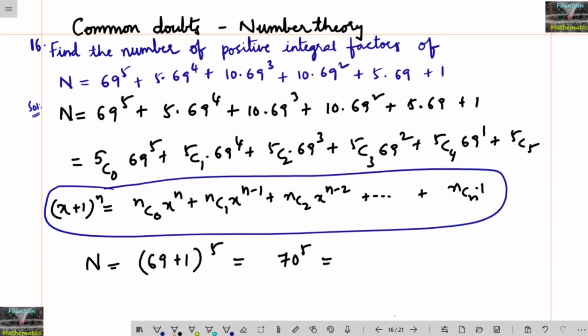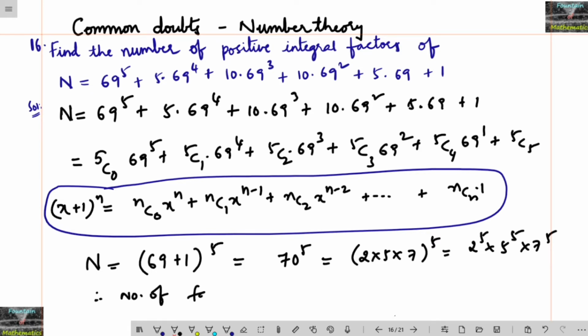70's prime factorization we can write as 2 into 5 into 7. 2 into 5 into 7 whole to the power of 5 is equal to 2 power 5 into 5 to the power of 5 into 7 to the power of 5. So therefore the number of factors of a number n is equal to, the powers are 5, 5 and 5.